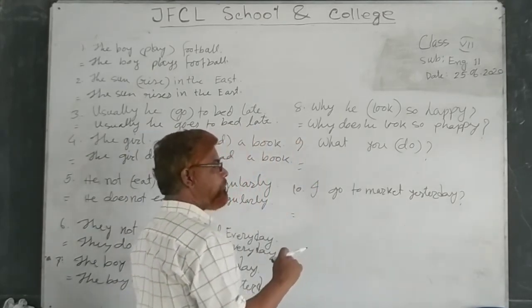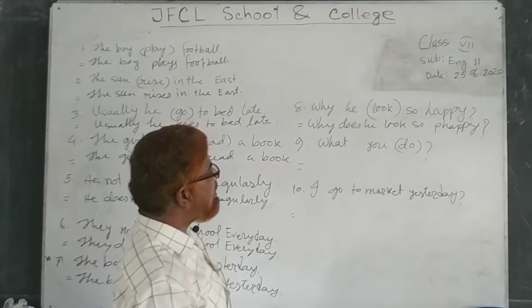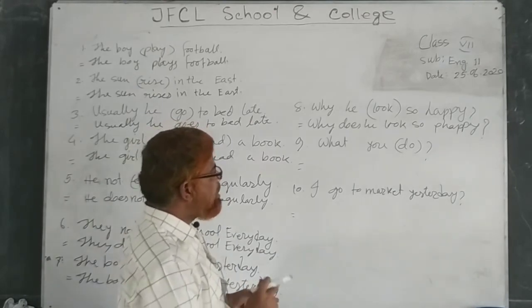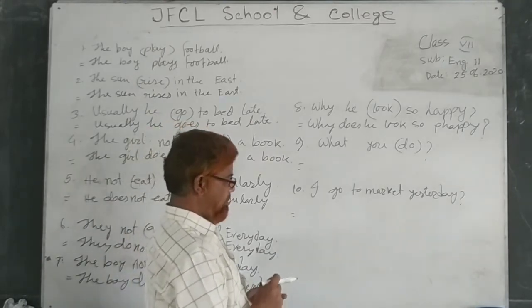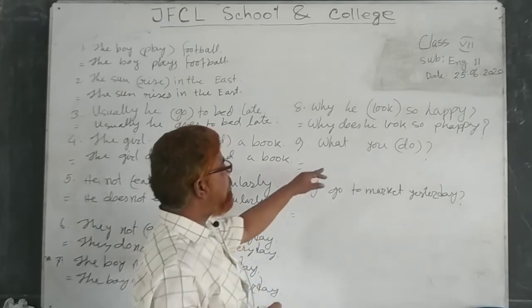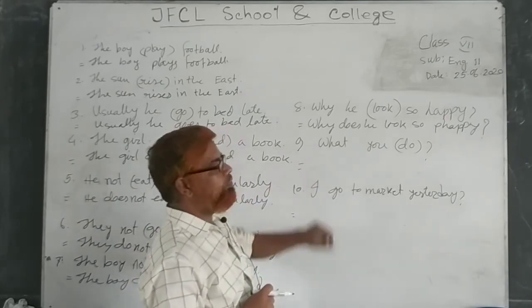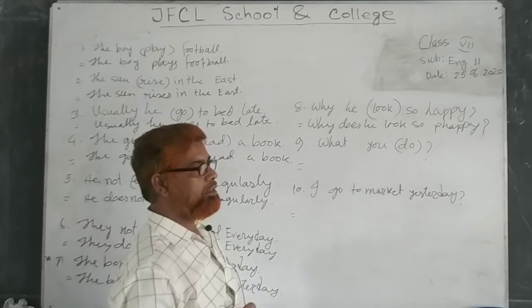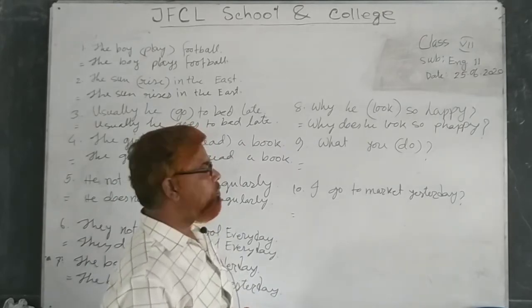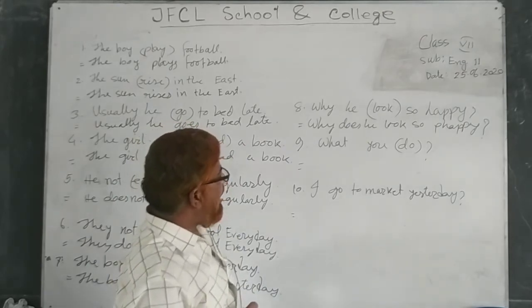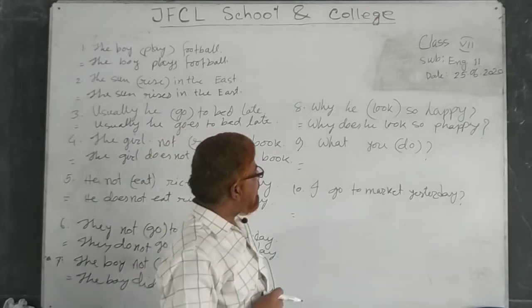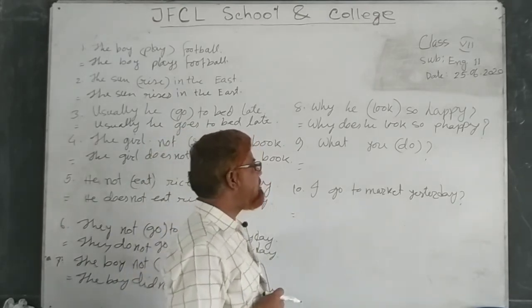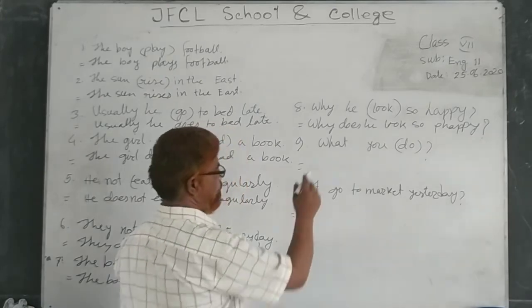And we use do or does in the sentence. Do or does? We use do because in the present indefinite tense, only for third person singular we use does, and in the other subjects we use do.